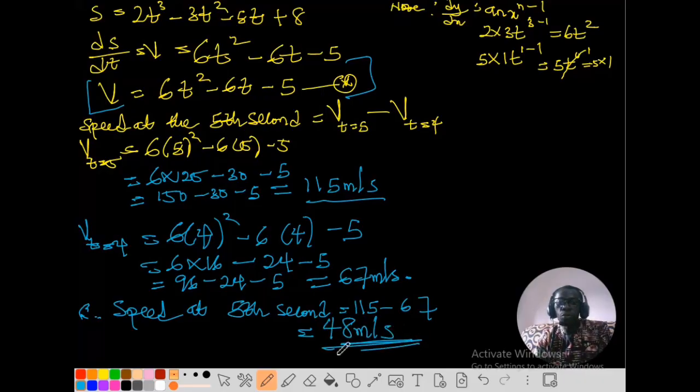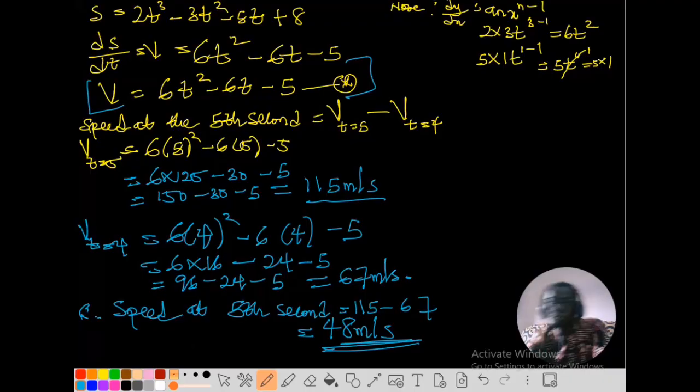Therefore, the speed of the body at the fifth second is 48 meters per second. We are through with the first part of the question, which is to look for its speed in the fifth second. So the speed in the fifth second is 48 meters per second. Proceed to the next part.